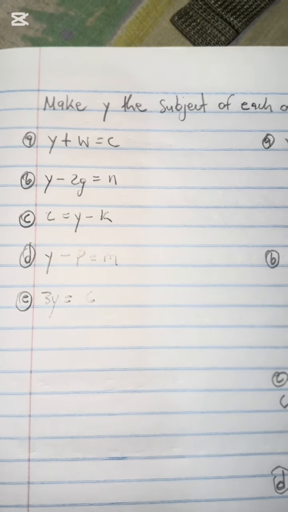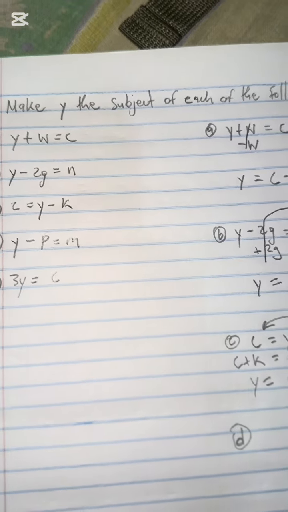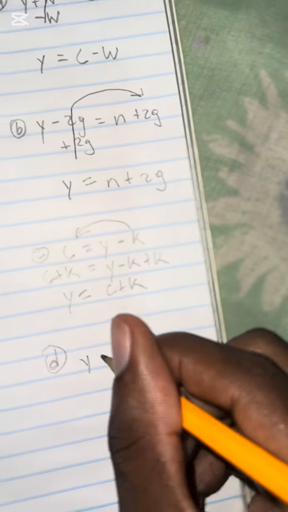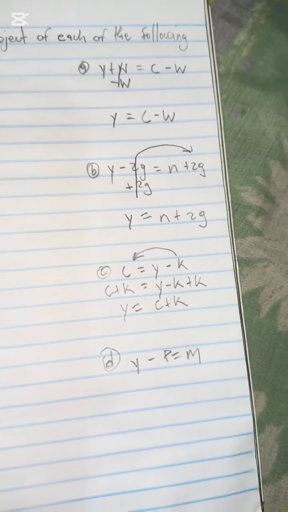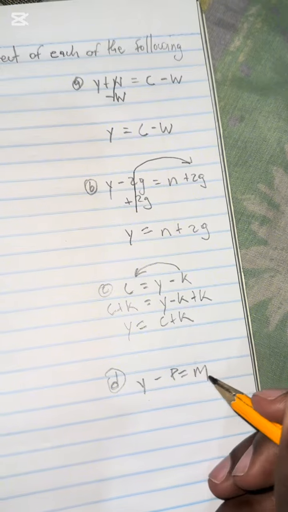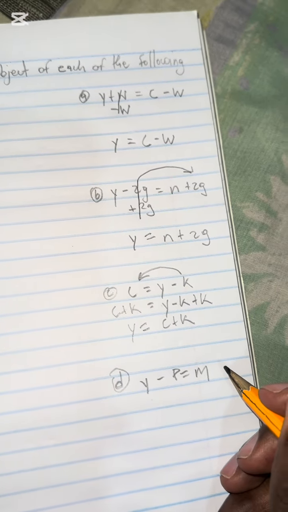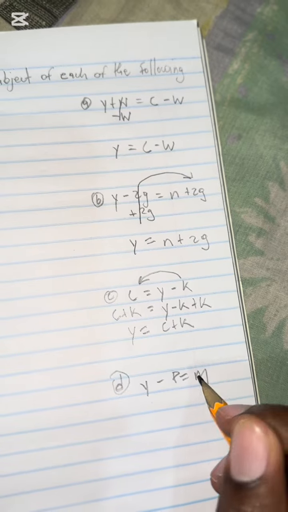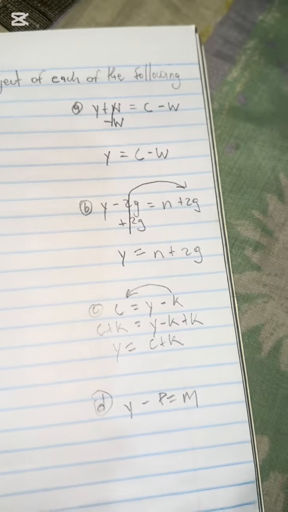All right, so we have D, y minus p equal m. We want to make y the subject of the formula. So in order to do that, we're gonna add p to both sides, or we're gonna bring over minus p, and anything that we bring over to the other side of the equal sign is gonna change. So minus p is gonna be plus p.